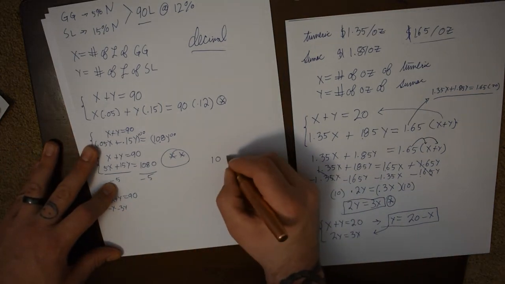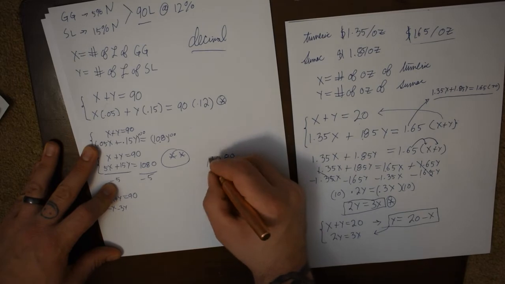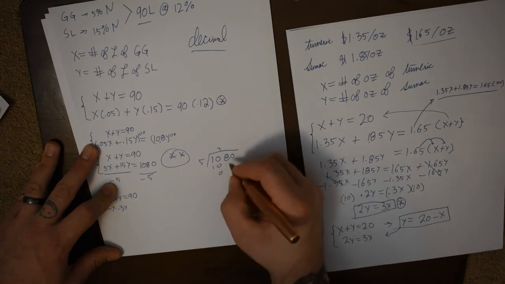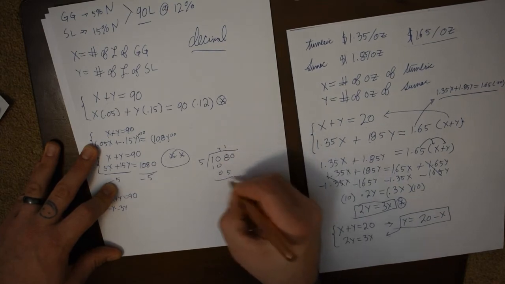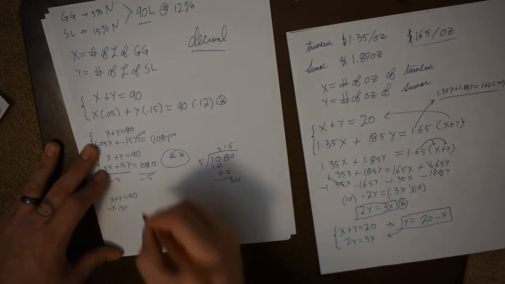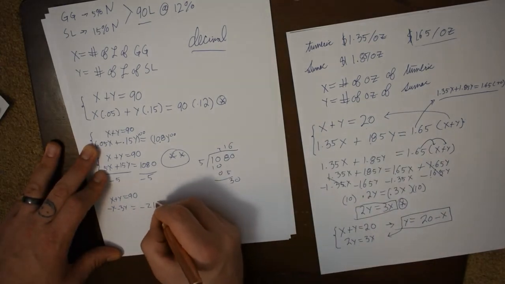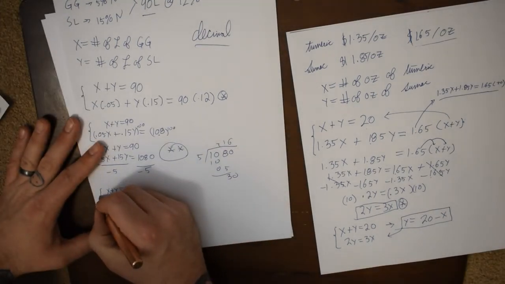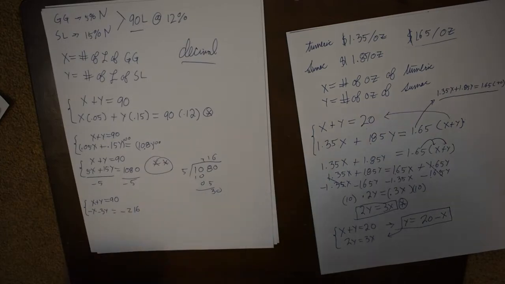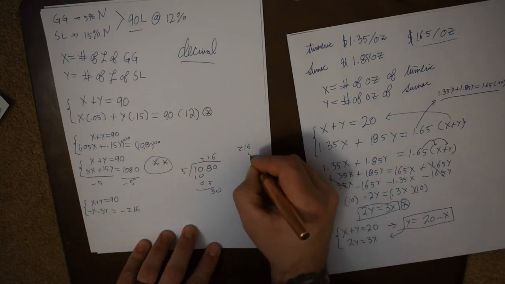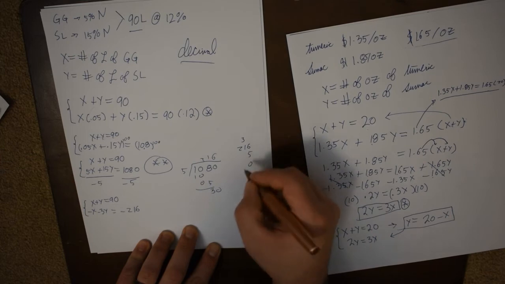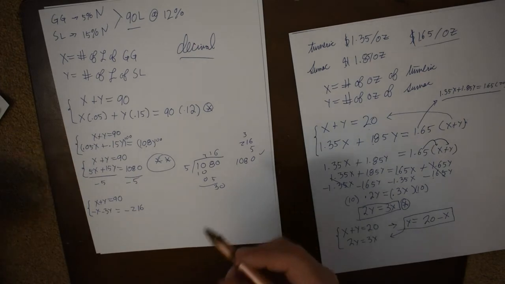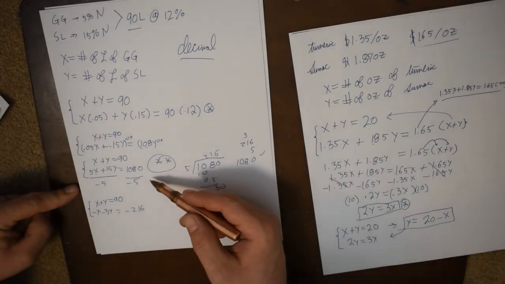And then 1080 divided by -5 will give us -216. So this is our new system of equations. Did I do that right? 216 times 5. Yeah, I did that right. Perfect. So this is our new system of equations. I divided both sides by -5, so we had a positive x and a negative x.